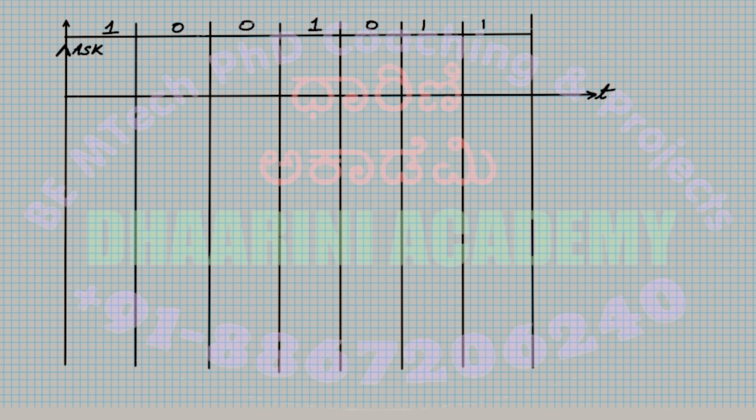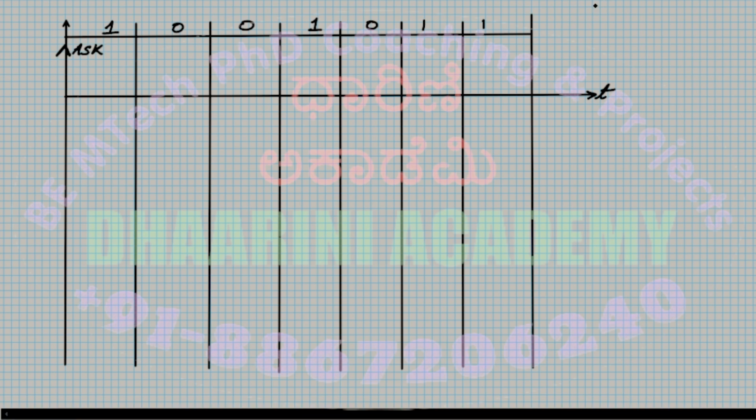Now let me write the equation for the carrier here. Let's say the carrier signal C of t is equal to some amplitude Ac into cos 2 pi fc t.